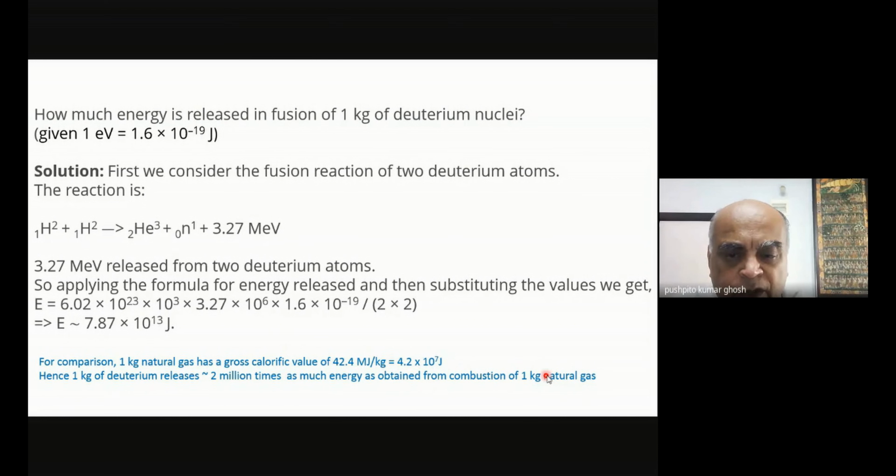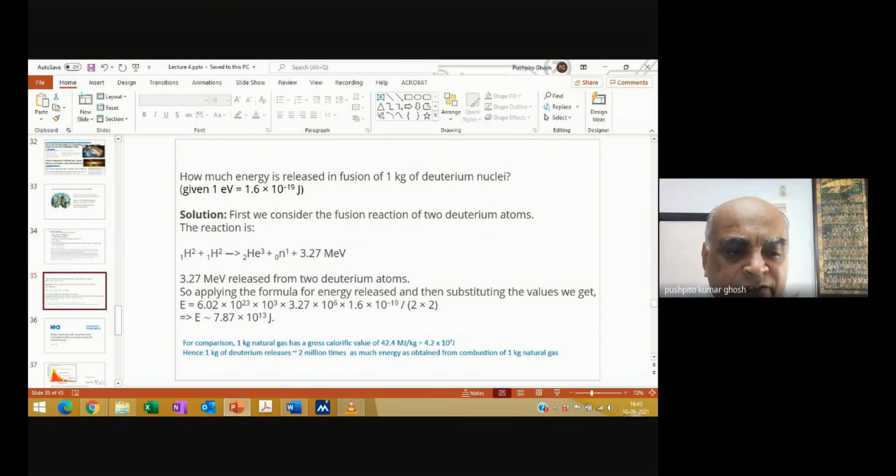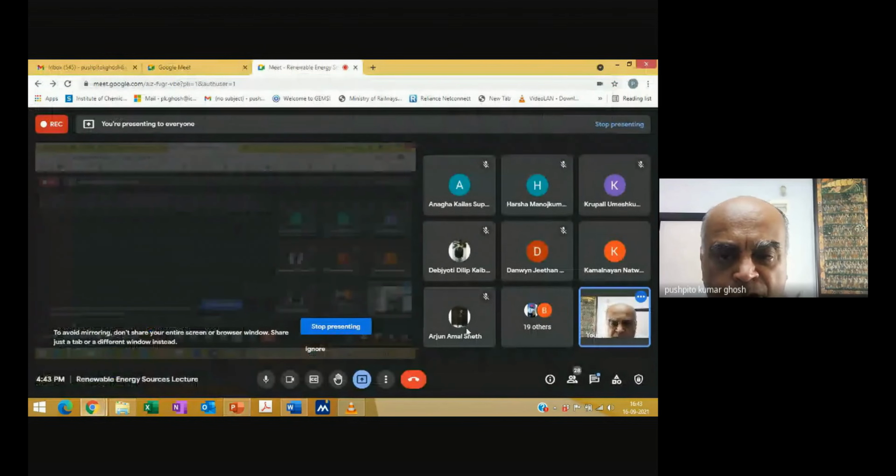Both are in joules. In other words, 1 kg of deuterium fusion releases 2 million times as much energy as combustion of 1 kg of natural gas. I hope you understand why the world is so excited about nuclear fusion.